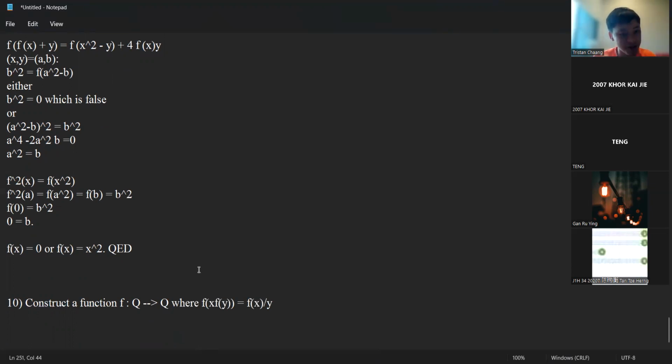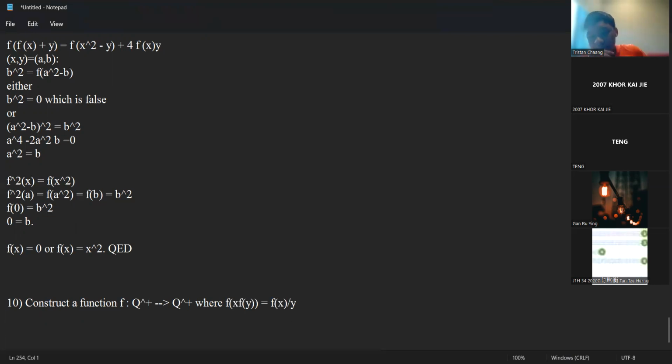Oh, sorry, positive rational numbers. So you cannot put f(x) is 0. So this is true for all x, y, where y is non-zero, of course. Oh wait, I don't even have to write y is non-zero because it's Q plus to Q plus anyway.